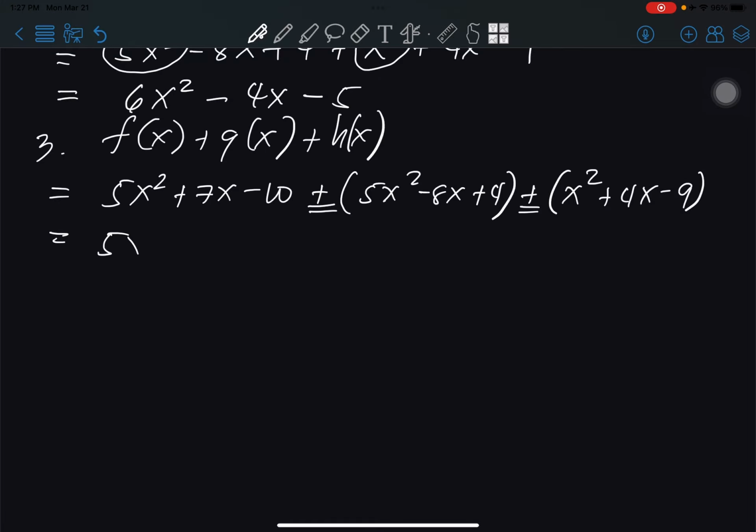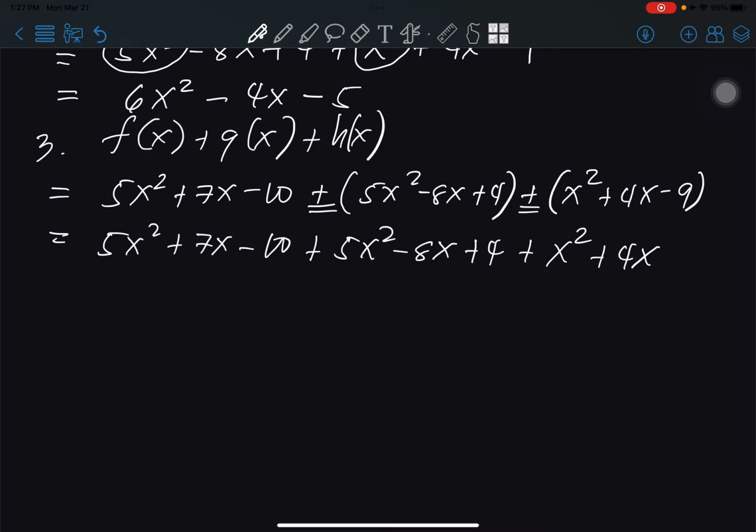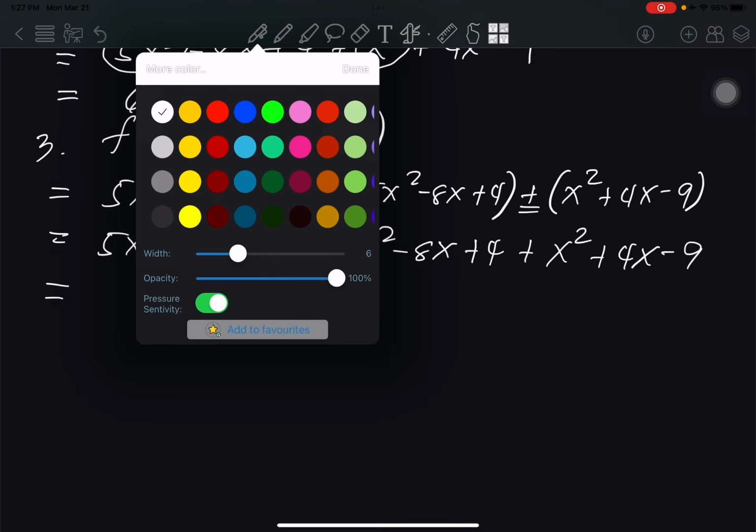So we have 5x squared plus 7x minus 10 plus 5x squared minus 8x plus 4 plus x squared plus 4x minus 9.